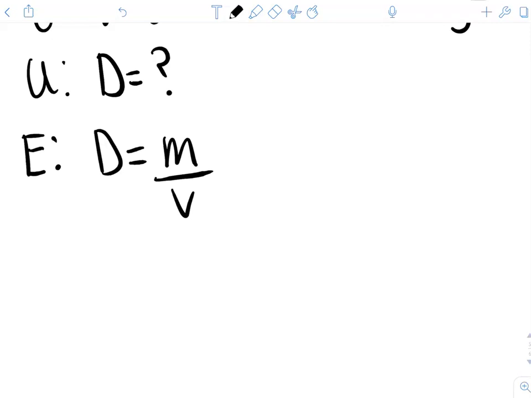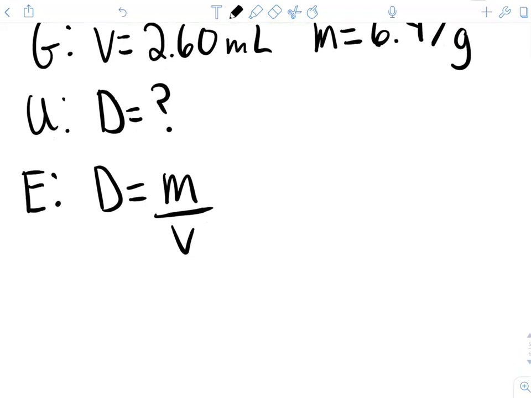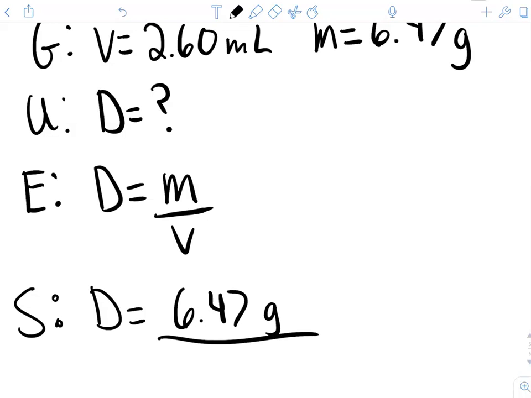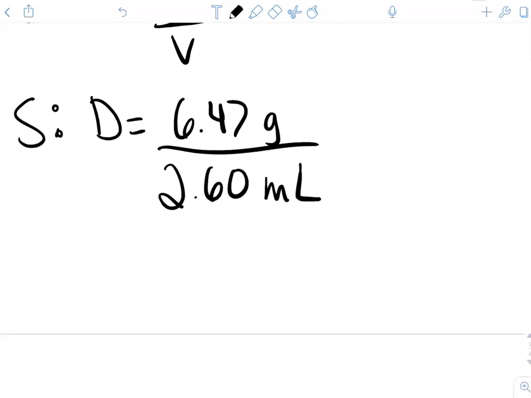And then I just plug and chug, meaning that I'm going to plug my given values into my equation and then chug out the answer. Now, I typically combine the substitute and solve together. So you would have D equals our 6.47 grams, and notice I am including the unit. That's because I have to have units whenever I am solving my problems.